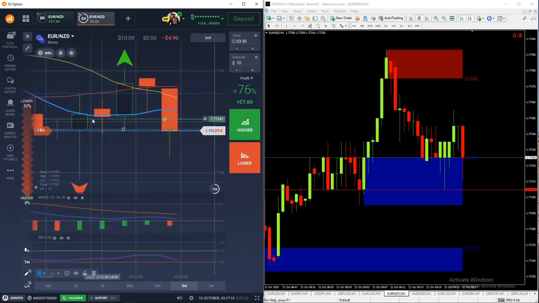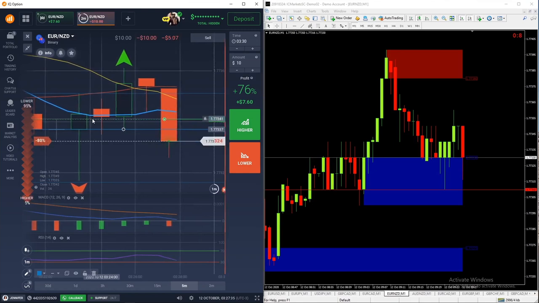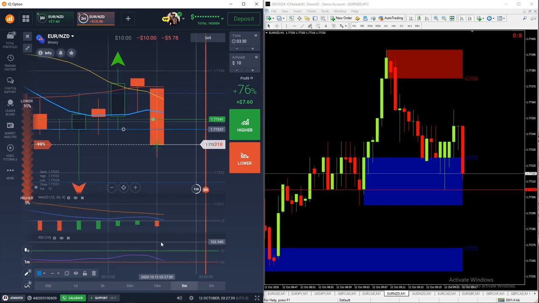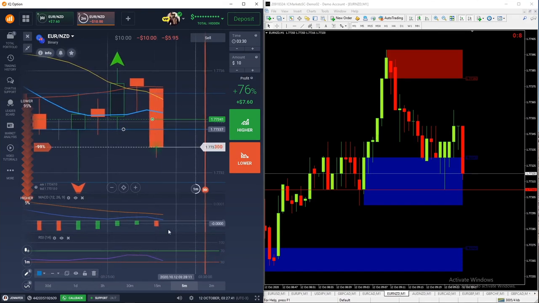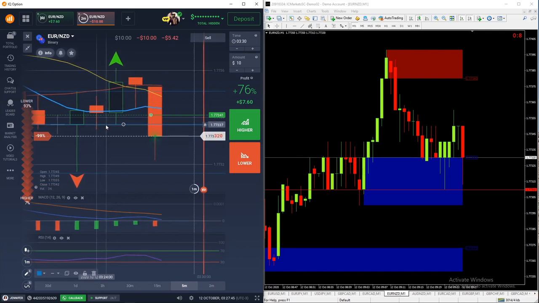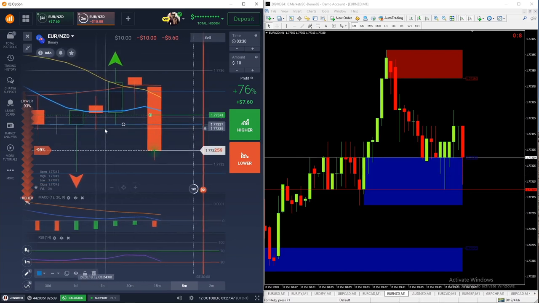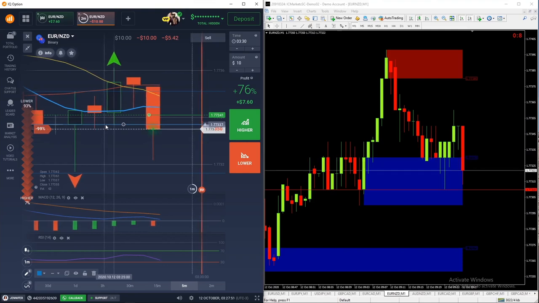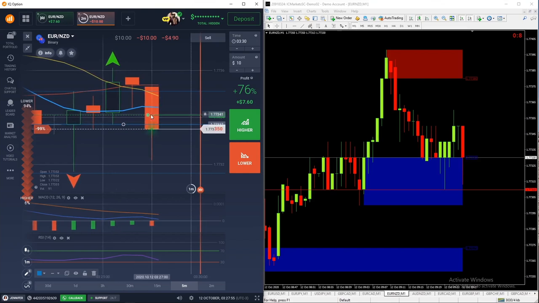I took it slightly above, because this is the way the entry is. This is 03:25, so this is the entry right here. I took it a little bit higher, and it's even gone lower, which is great for me. I should be quite good with the signal, even though my entry is slightly above.